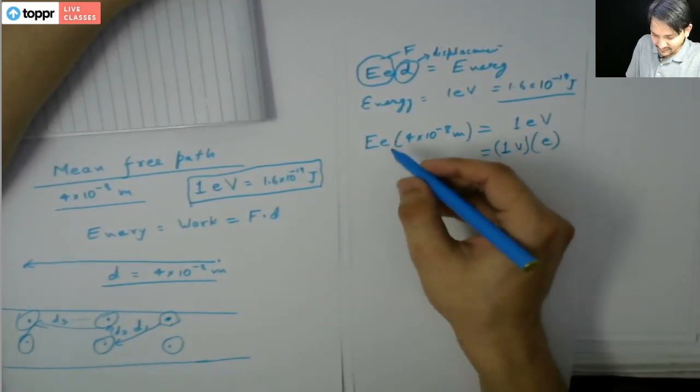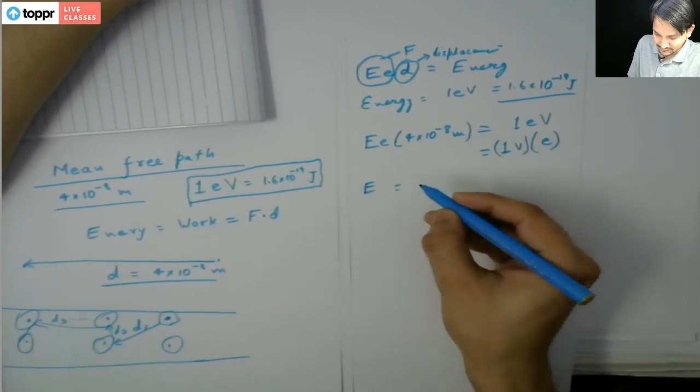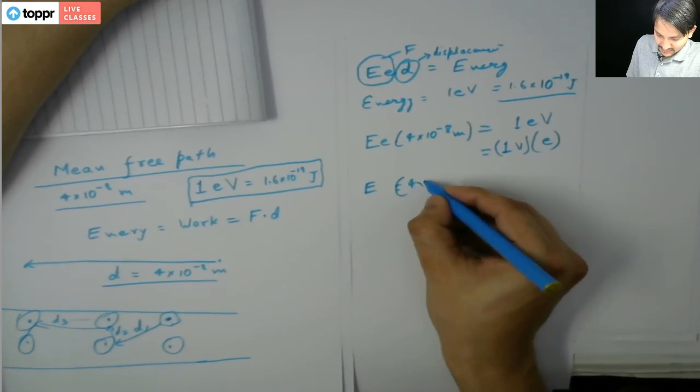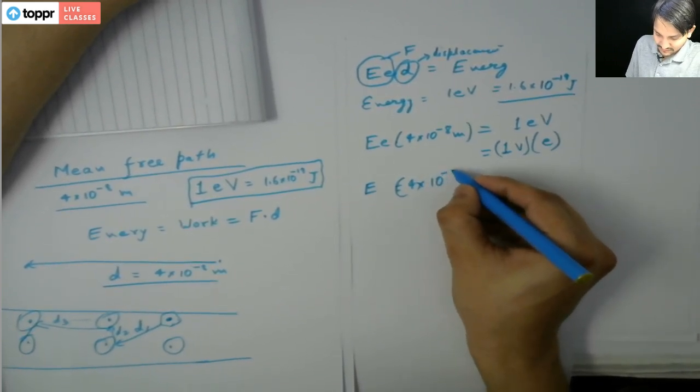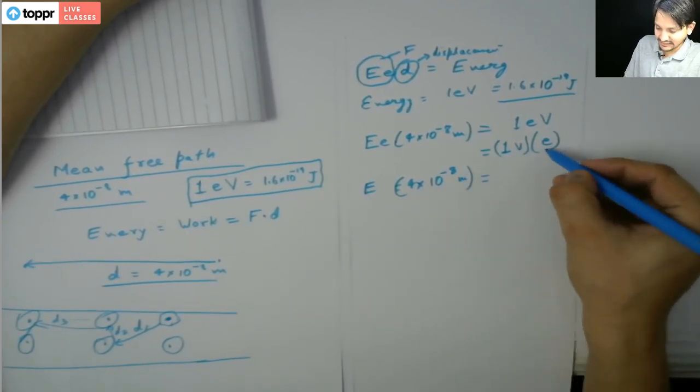So if we solve this equation, E times e times 4 times 10 to the power minus 8 meter equals 1 volt times e.